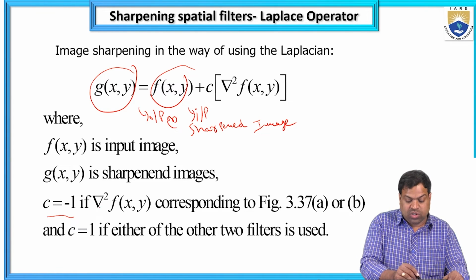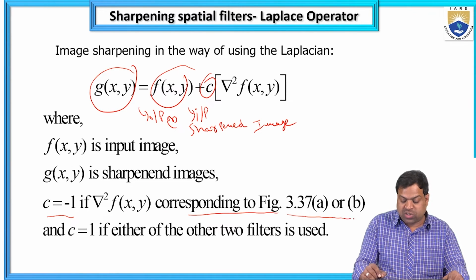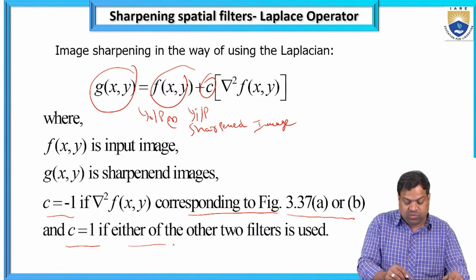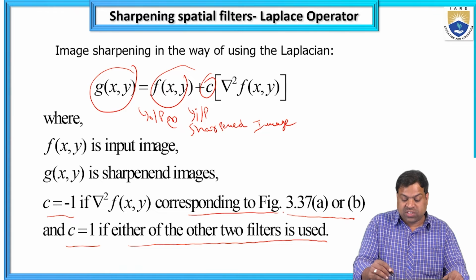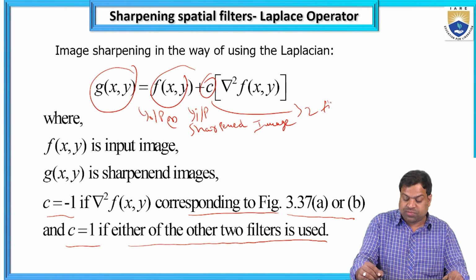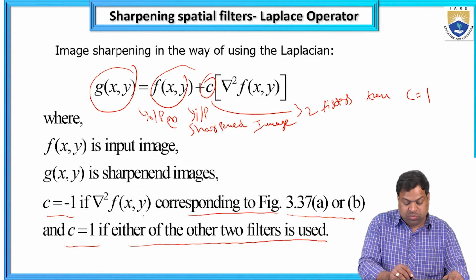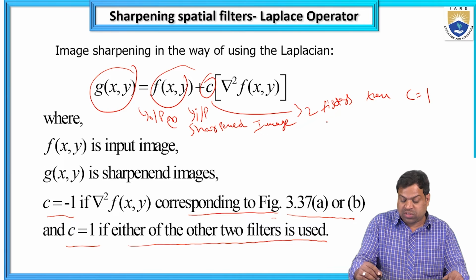And c is a constant: c equals minus 1 if the filters correspond to the figure, and c equals 1 if the other two filters are used.